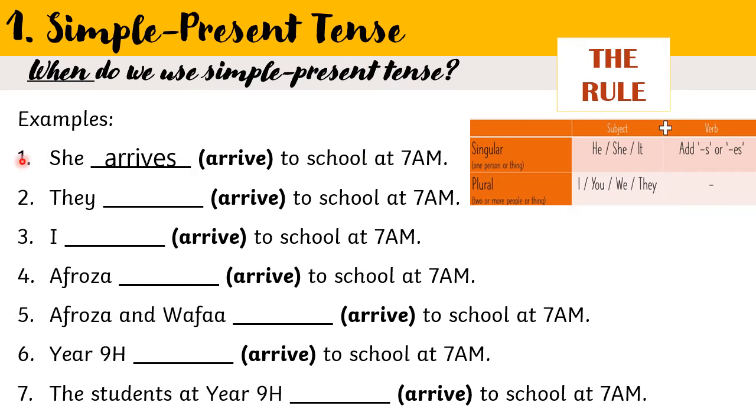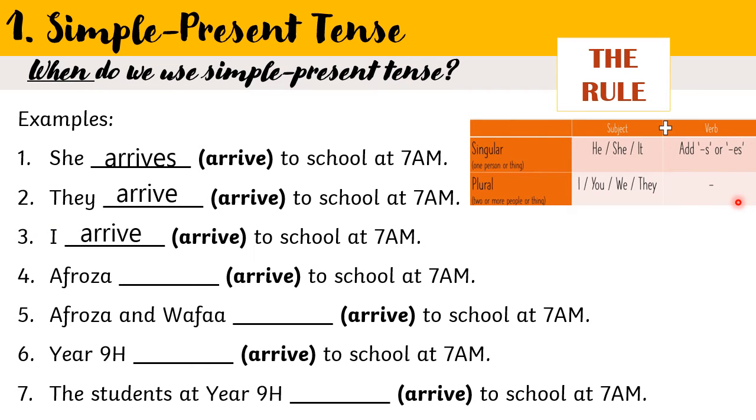Okay, now, what is the subject? They, okay? So what happens to the verb if the subject is they? You don't add s. So it's they arrive to school at 7 a.m. Now, what about I? You don't add s.